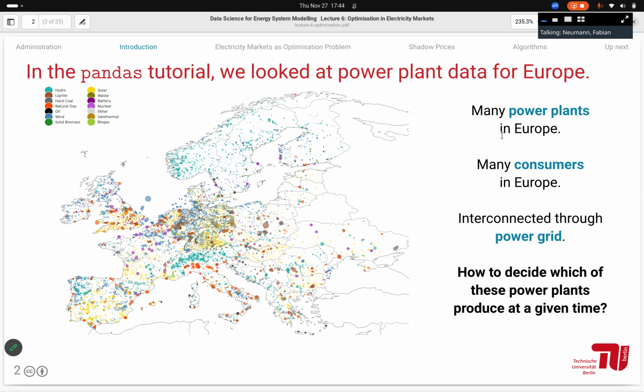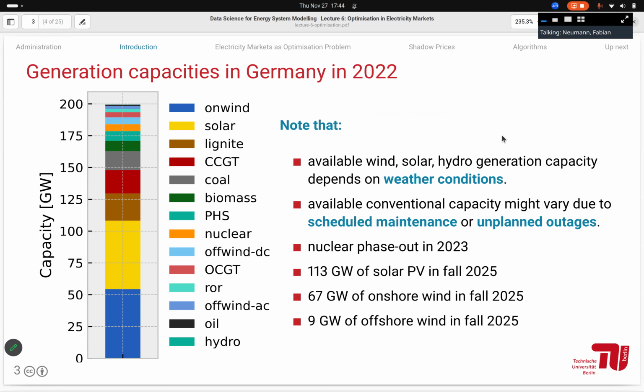So if you look at an aggregate view and for a moment take a step back and only look at Germany, at a data set where we're actually looking at a state of 2022, when we had a lot less wind and solar than we have nowadays. On the right, you can see some of the more up-to-date values, and you also still have a few nuclear power plants running in this system.